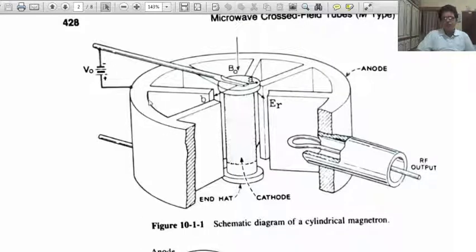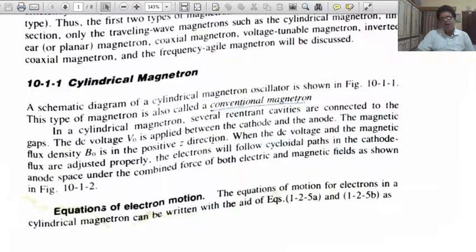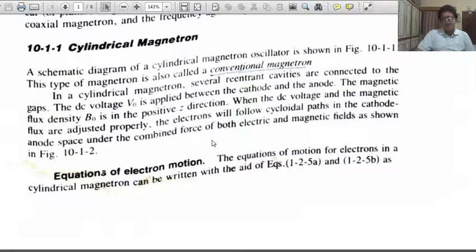This is known as the anode. The center cylinder is known as the cathode. This is the RF output, and a potential V0 is given between anode and cathode, and a perpendicular magnetic field B0 is given in this perpendicular direction, downward. So this is the schematic diagram.